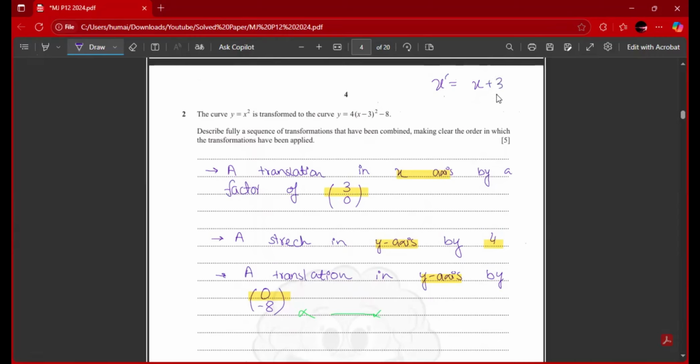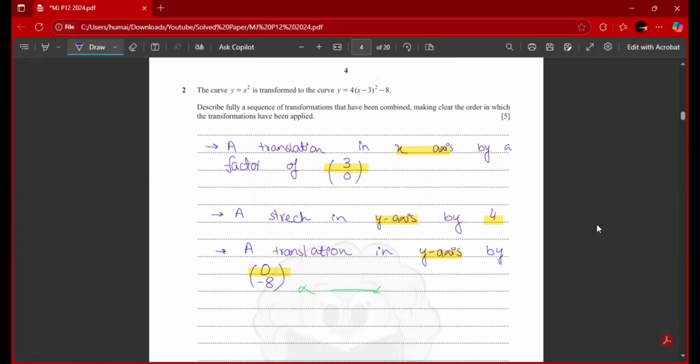So what is our x dash? This minus goes there. This is our x dash. So x dash - 3 would replace our original value of x. That's why we write a minus sign. I hope it's clear to you guys why we're writing a minus sign and why we're writing a plus sign. And when do we do it? In the x-axis, because x-axis is a little tricky in translation.